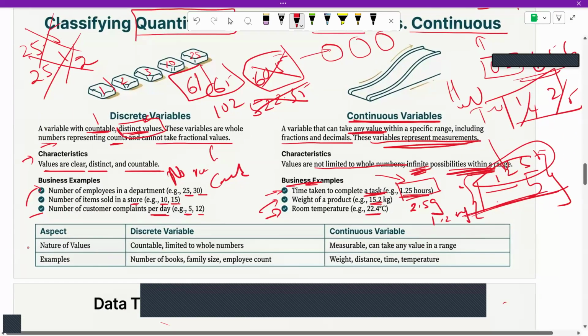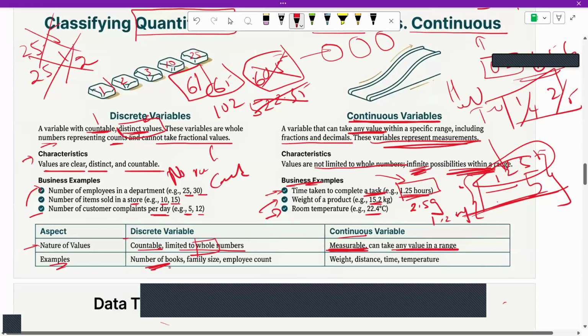Here, the nature of the discrete variable: discrete variables are countable, limited to whole numbers. And the continuous variables are measurable, not just counted, and can take any value within the range.